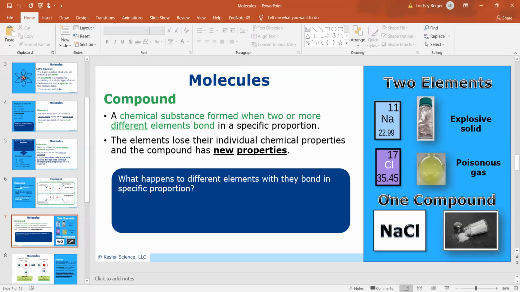That is what this compound is. It's salt. So that's why we use it. It's got really good properties. It makes our food tastier, and it also keeps us from sliding off the road. So completely different properties than a poisonous gas and an explosive solid, but because of how these 2 are bonded together, because of how they shared their valence electrons, we get salt. Science. It's wild. It's crazy.